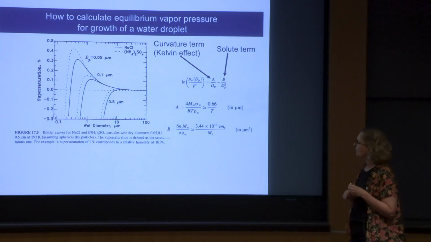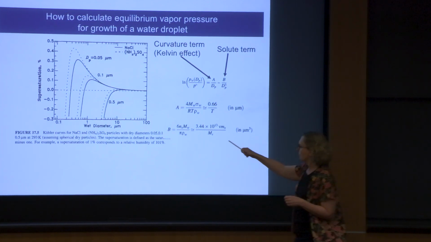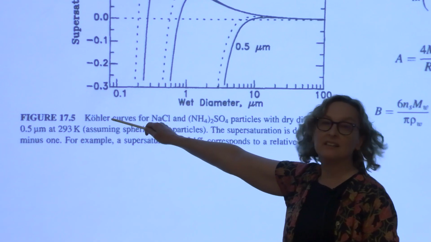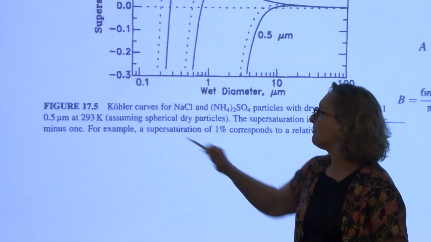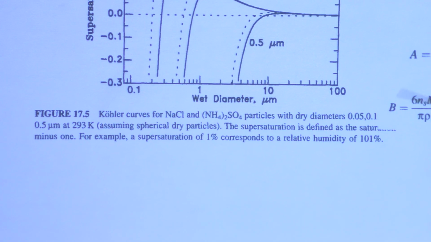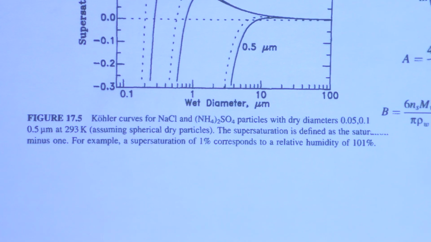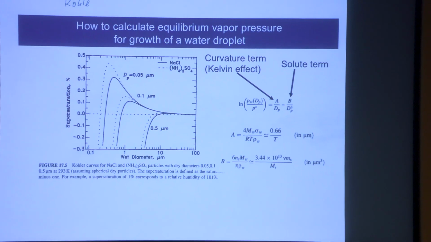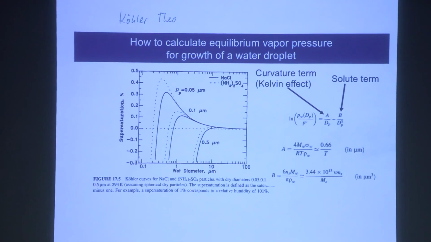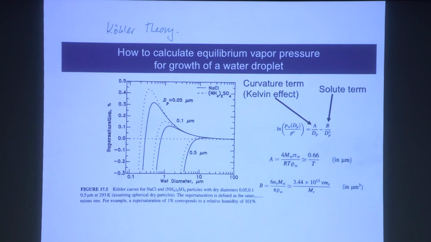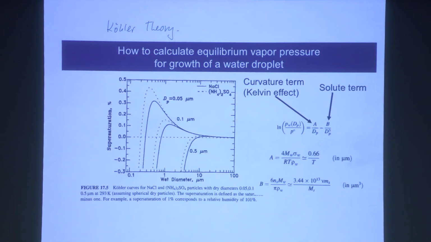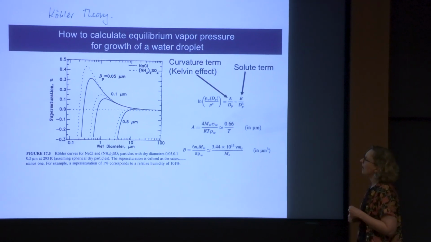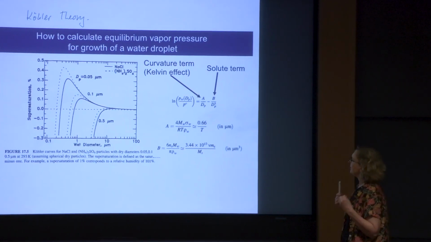And it's called, after the person who developed this way back in the 1930s, the name was Köhler. So these are the Köhler curves. And so this whole thing is called Köhler theory. The equilibrium that establishes for an aerosol particle that is exposed to a certain relative humidity.